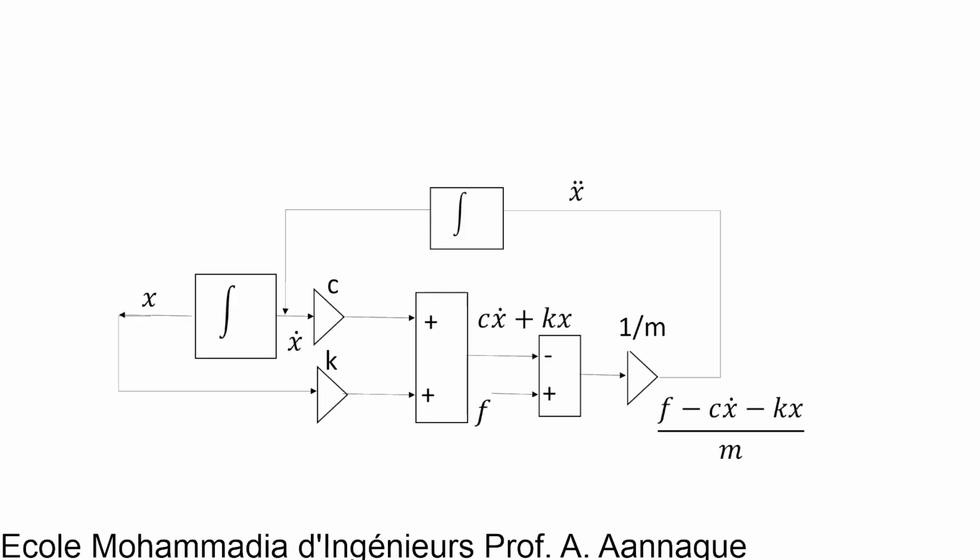To implement this on Simulink, we will need the following blocks. We need 2 integrators, 3 amplifiers of different gains, 1 oscilloscope to observe the response, and 1 constant.